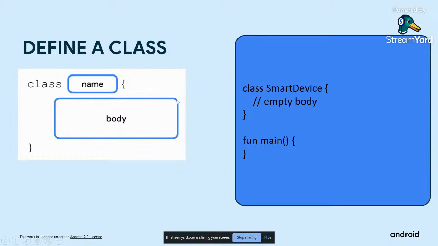For example, see this. Here we have created a class named SmartDevice, and this is the body of it. We can create properties and methods inside this class, which we can use multiple times without rewriting the same code again and again. We can do that by creating a simple instance of a class, so it is very helpful.